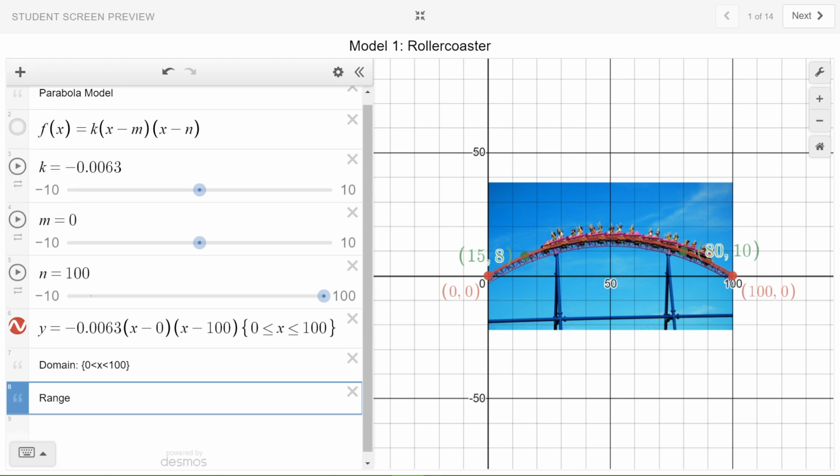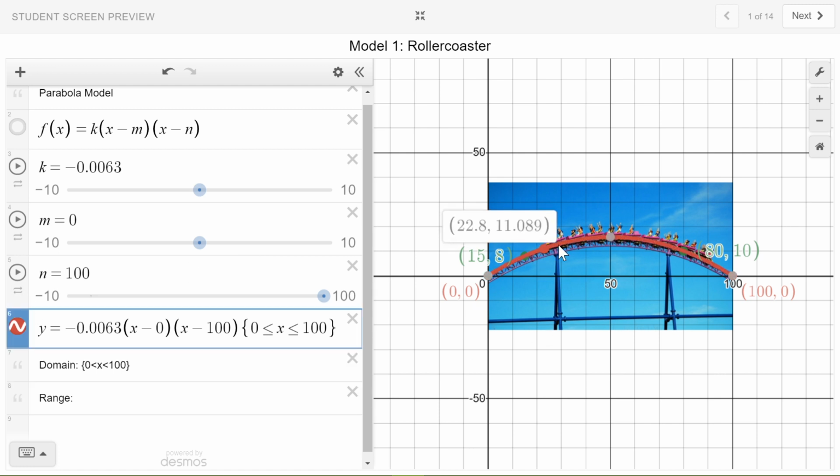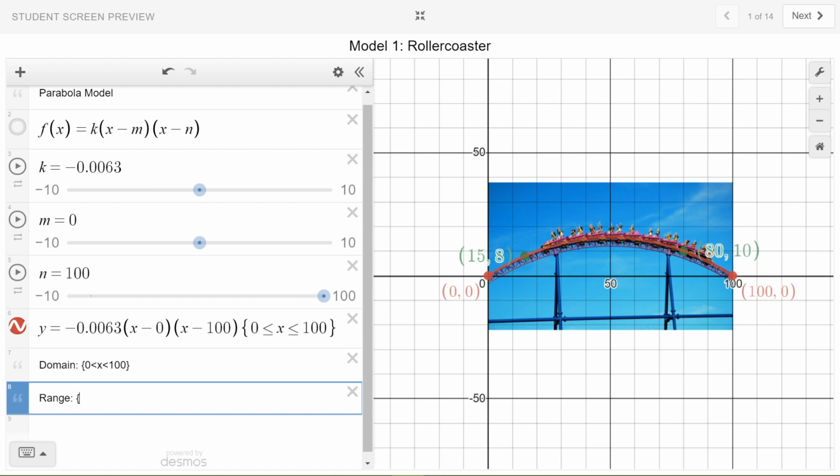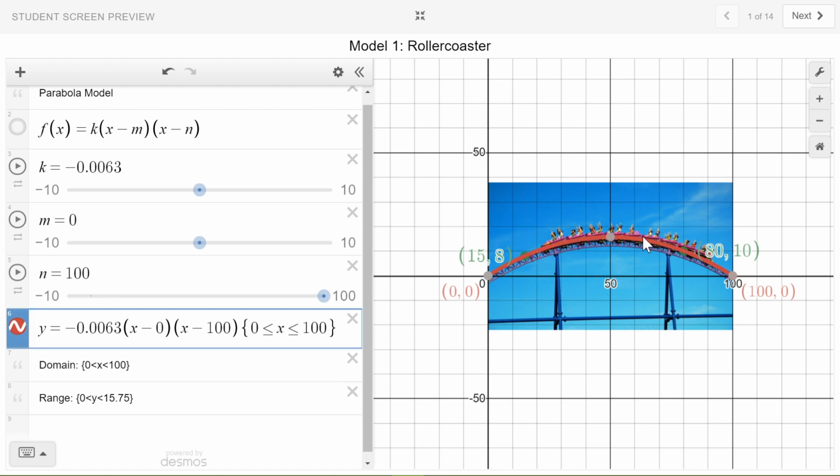My range is equal to, well, I look at the bottom, the lowest point is 0 for me, and the highest point, I'm just going to click. The highest point apparently is 15.57. So I write 0 less than y less than 15.57. So that is my domain, and that is my range for my model.